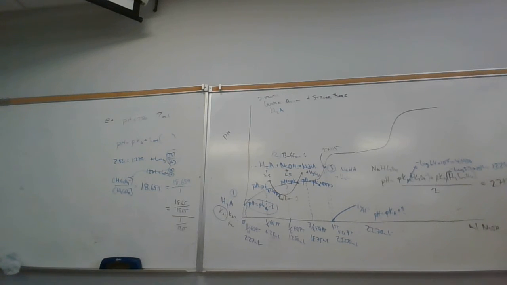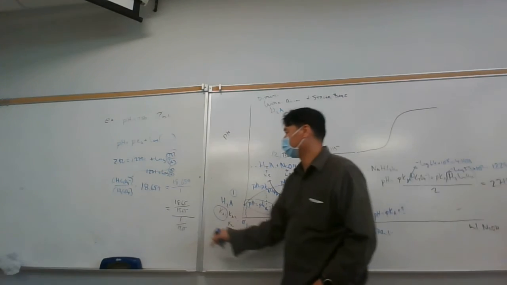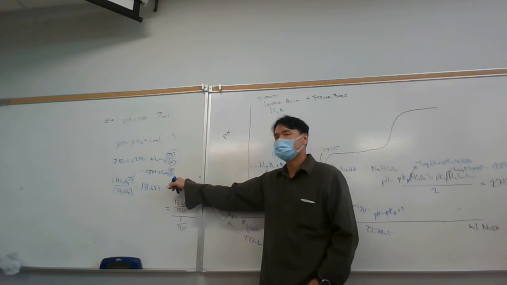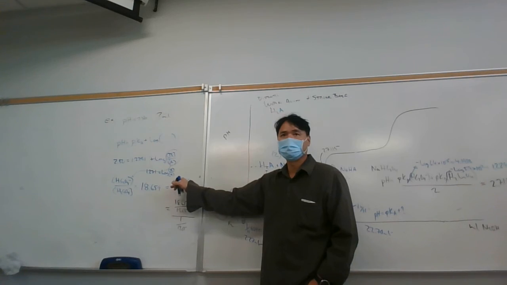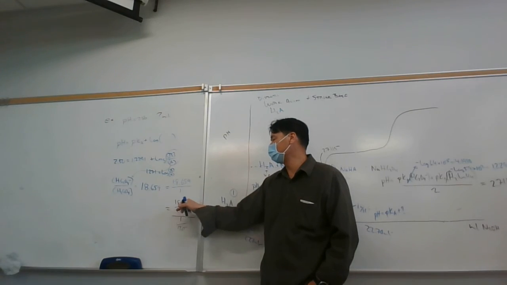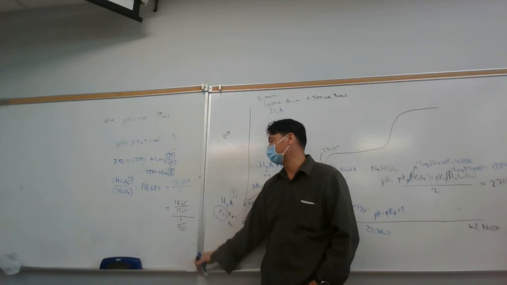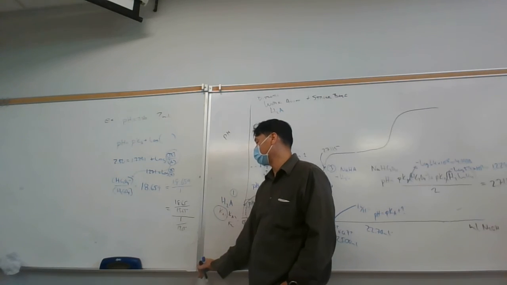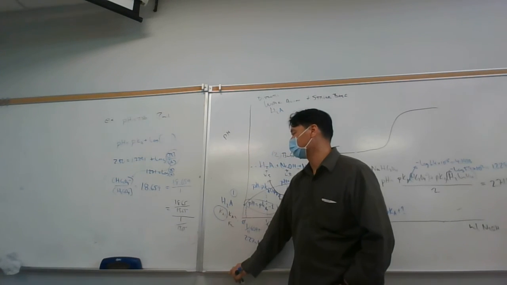And so what I can do is get a fraction of how much reacted. This is what I did over here. The total parts are 19.659. I just add these two parts together, the numerator and the denominator. And then the base is 18.65 out of the 19.65 parts that reacted, and the acid is 1 out of 19.65 parts.